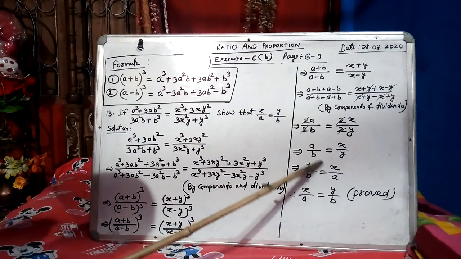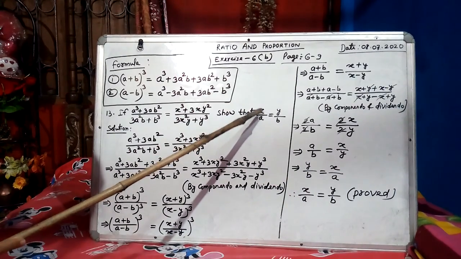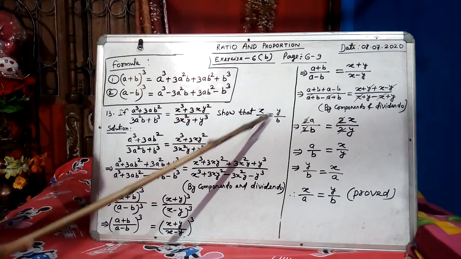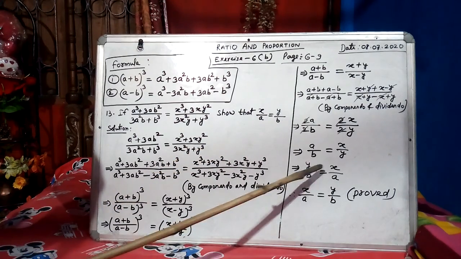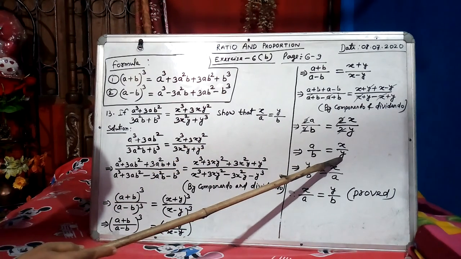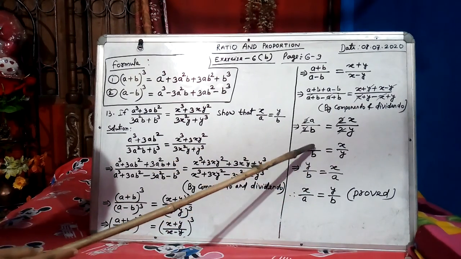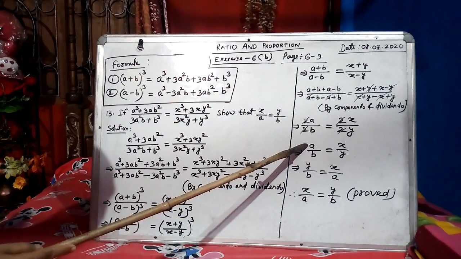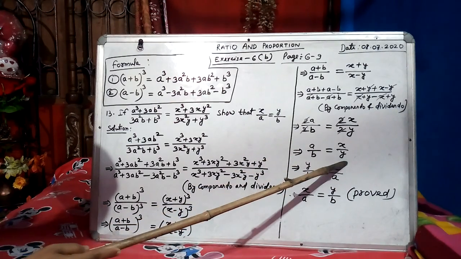Now after we reach here, we can see we have to prove x by a equals y by b. That means below x there should be a, below y there should be b. But here below x there is y. So what I did was change y and a. I brought y in the place of a and I brought a in the place of y.